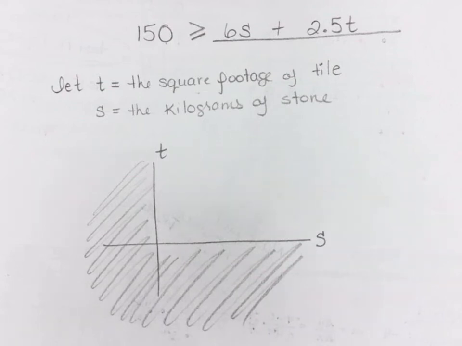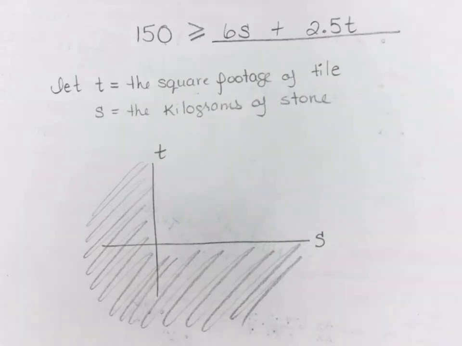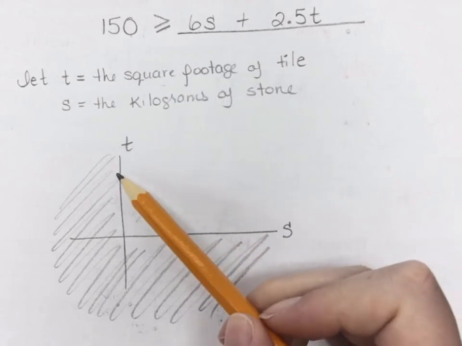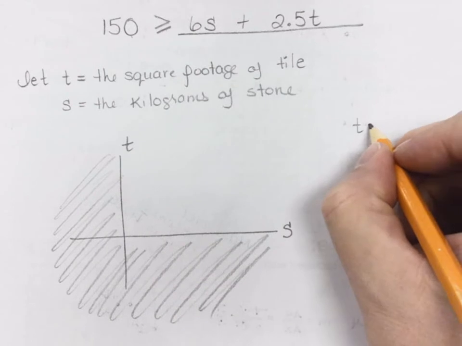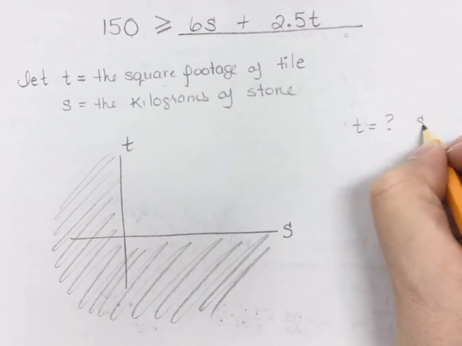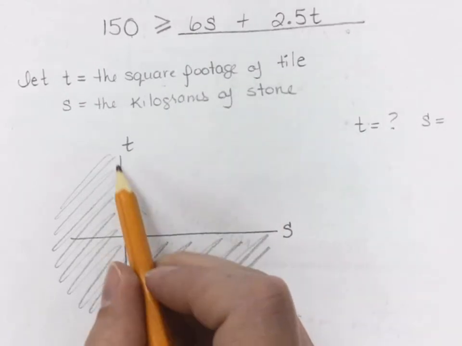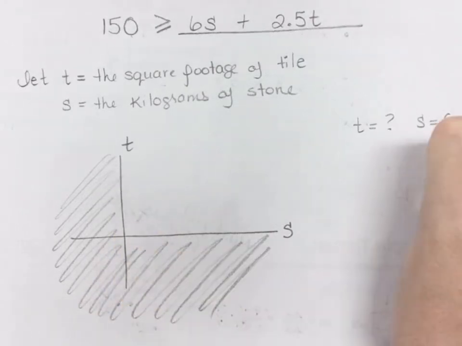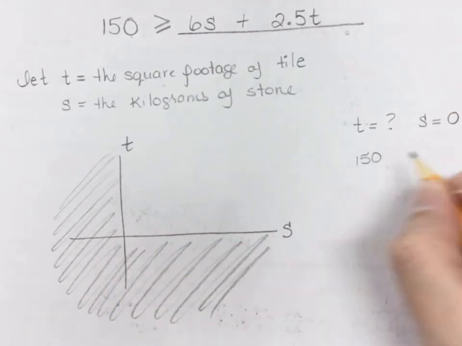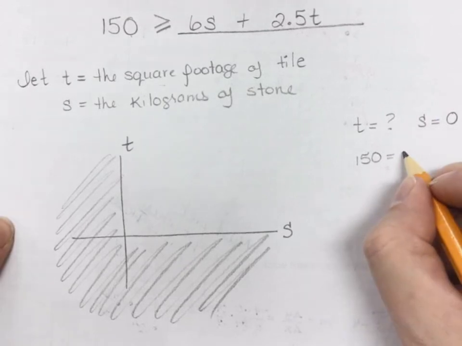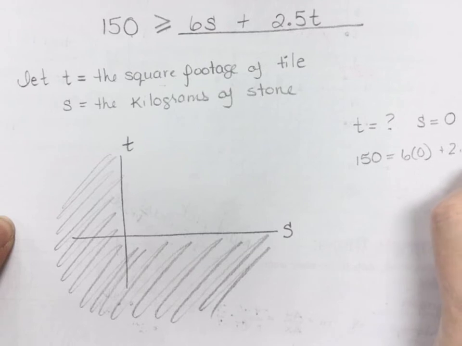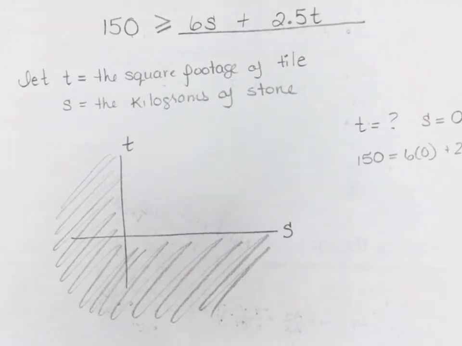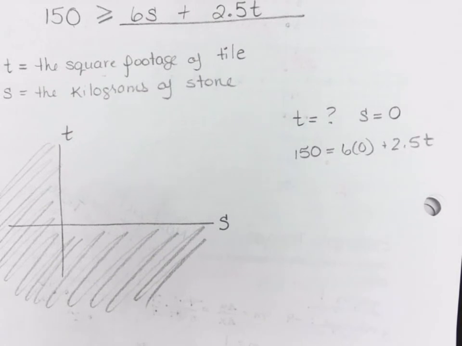Okay, so I'm going to graph this by doing intercepts. If I'm looking for the t-intercept, what's the value of s when it's on the t-axis? 0. All right, so we have 150, and we're going to switch it to an equal sign. 6 times 0 plus 2.5t. Sorry guys, you can't see that.